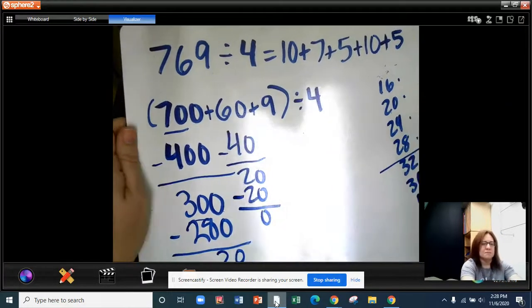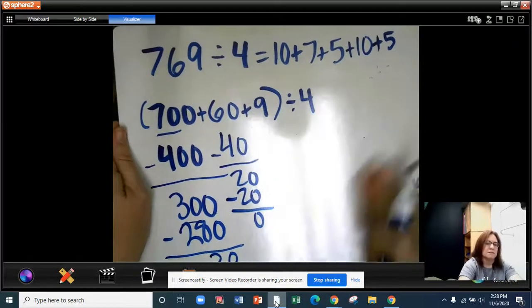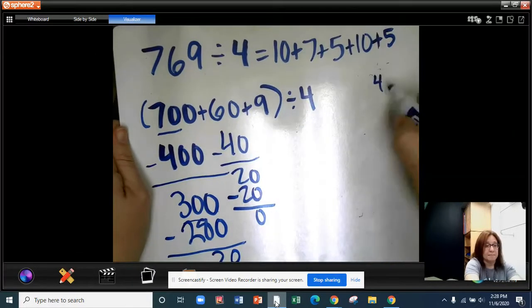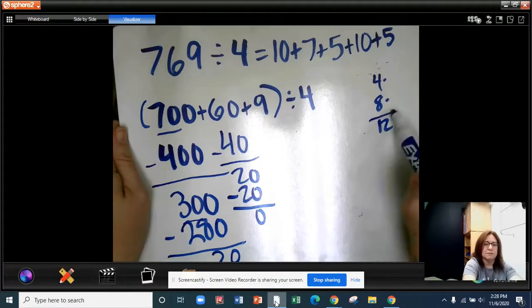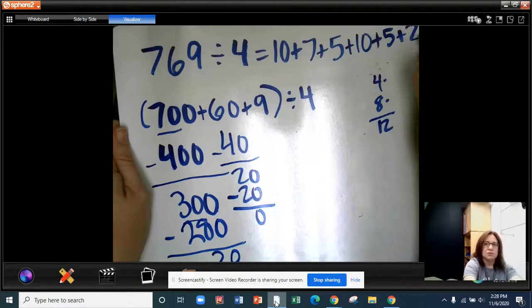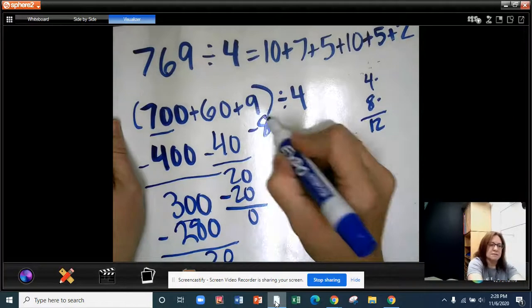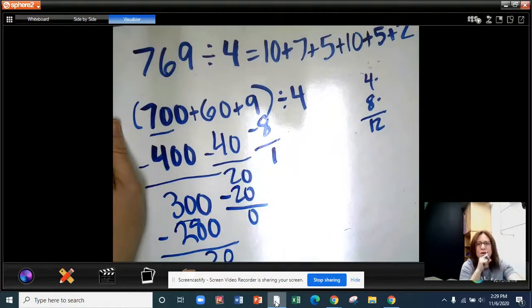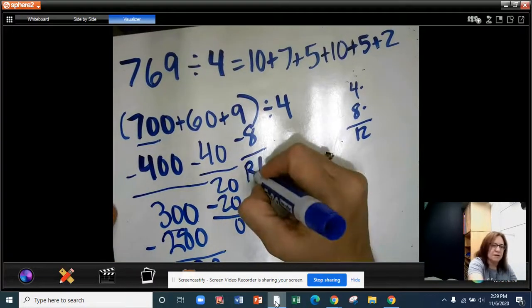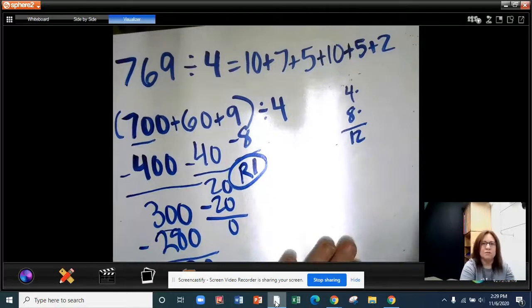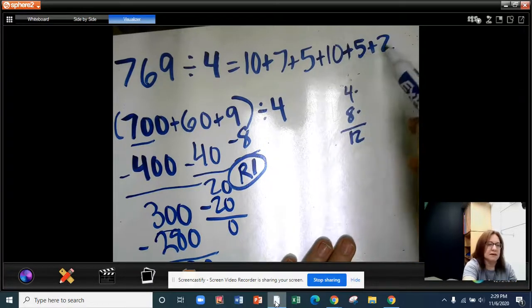And then how many times does 4 go into 9? It can go in twice. And 2 times 4 is 8. I'm left with 1, a remainder of 1. Okay, so this is my remainder right here. I have 1 left over. Okay, so I'm going to add these all up, and that's going to give me my answer.